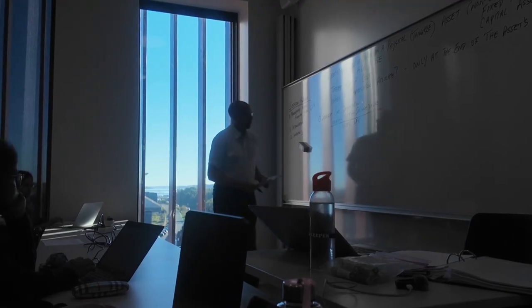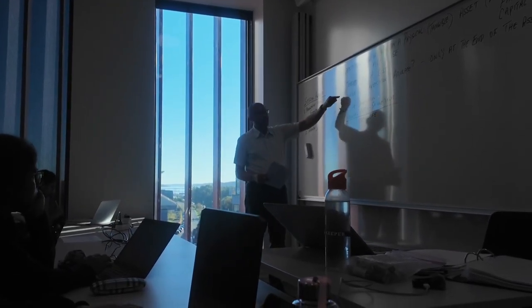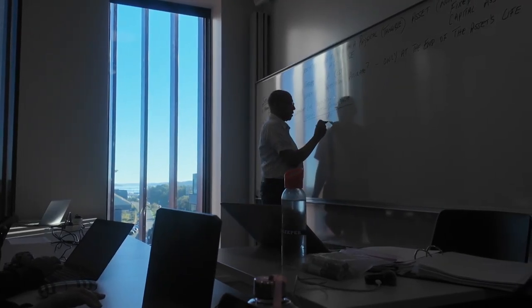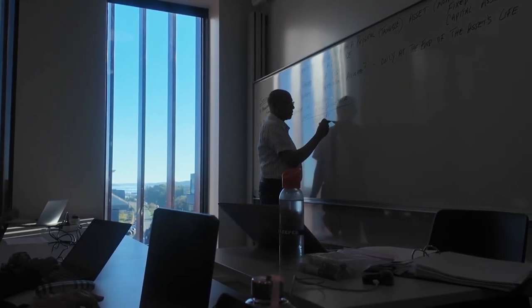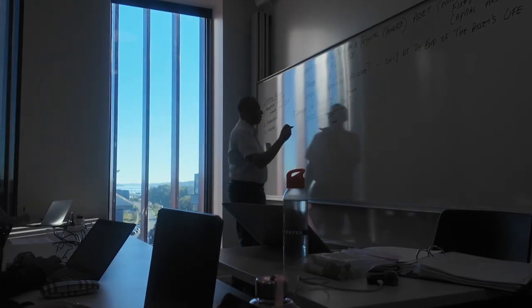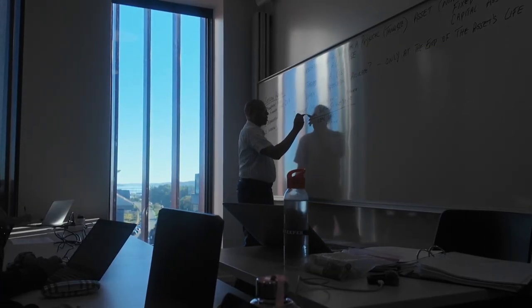So straight line depreciation: original cost minus the salvage value of the asset divided by the asset's useful life. Right? So based on our definitions and our understanding of depreciation, useful life is an estimate. Salvage value is an estimate. And the original cost is the only actual piece of information that we have. Everything else is an estimate. Right?